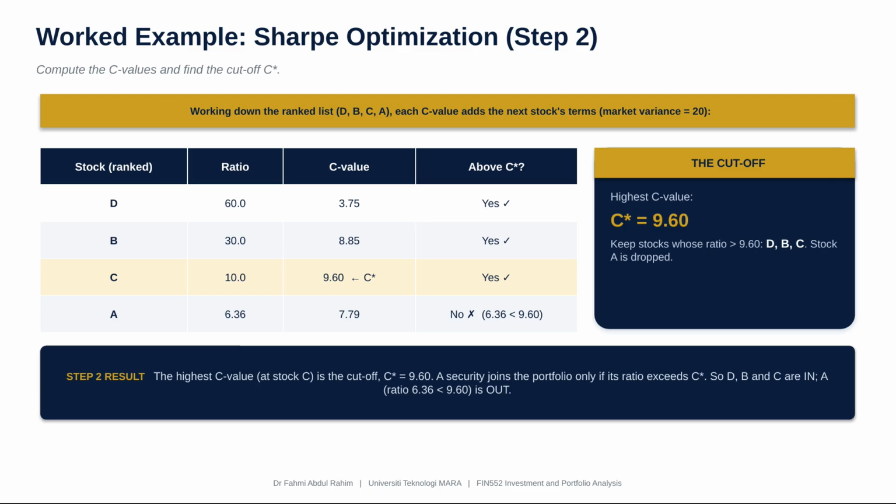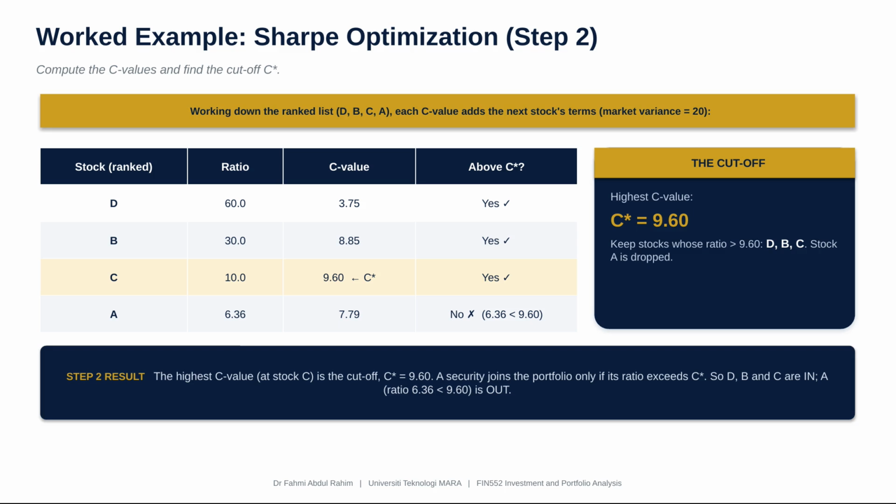Step 2. We compute the cumulative C values working down the ranked list D, B, C, A and find the cutoff. I will not read out every term of the C value formula, but the table shows the result for each stock. Remember, each C value is cumulative, building on the stocks above it, using the market variance of 20. For stock D alone, the C value is 3.75.